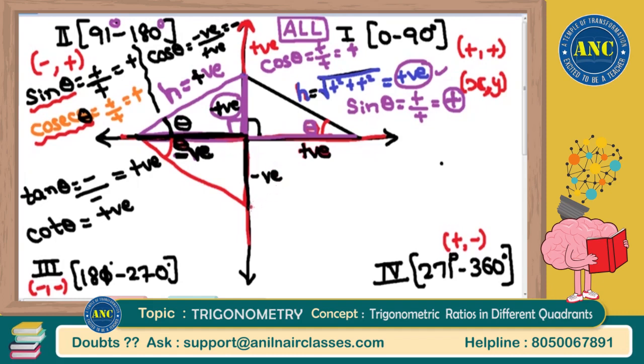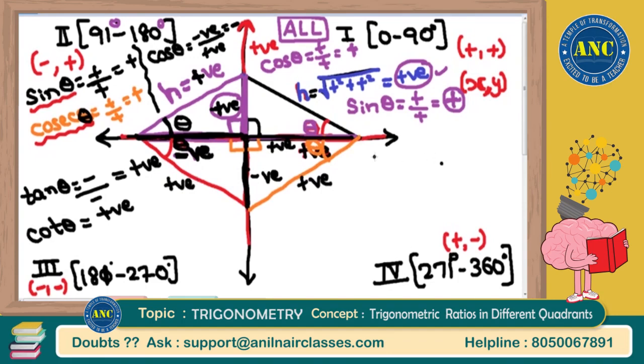And the last quadrant is nothing but the fourth quadrant. If I draw another right angle triangle in my fourth quadrant, and I call this particular angle theta, in my fourth quadrant the x-axis is a positive value, the y-axis is negative, and the hypotenuse is positive.